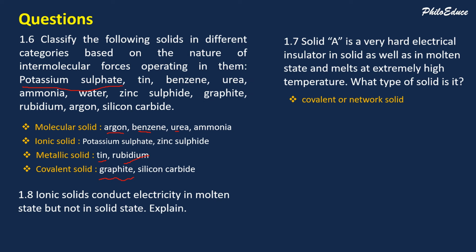Ionic solids conduct electricity in molten state but not in solid state. Explain. In ionic solids, the particles are so close that they don't have the ability to move from one side to another. In the case of electrolytic conductance, normally the charge should pass from one side to another for conducting electricity.